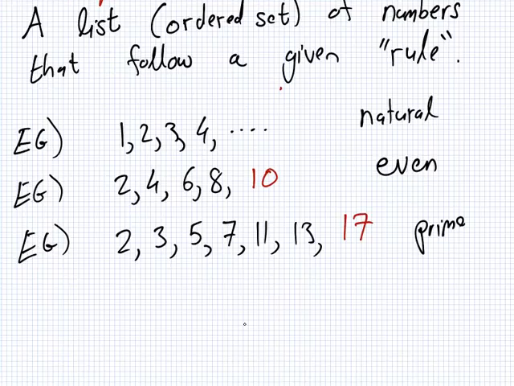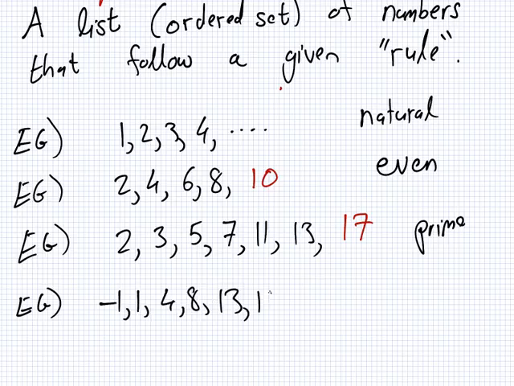Let's have some more difficult ones. -1, 1, 4, 8, 13, 19. Okay, think about that for a minute and then tell me the next number. What's the rule here? Not squares? Yeah. Here you add 2, and here add 3, and here 4, 5, 6.